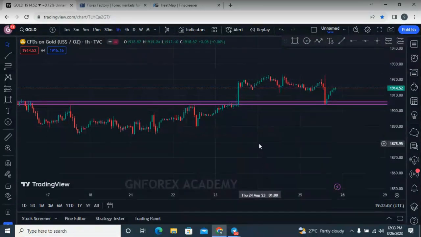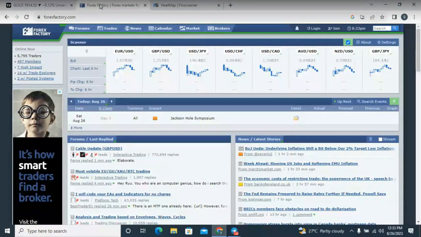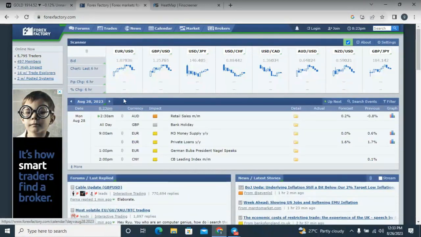Alright. So let me check in line with the forex heat map and the forex factory to trade on Monday. You understand? Now I will first of all open my forex factory to check if there is going to be news on Monday. Tomorrow is 27 and Monday is 28, I guess.